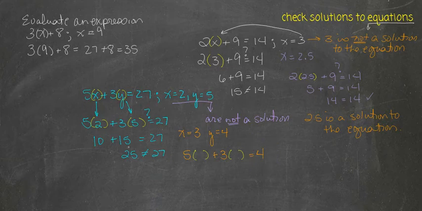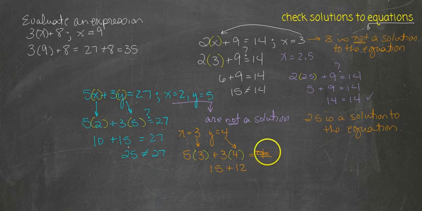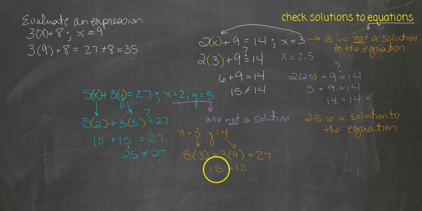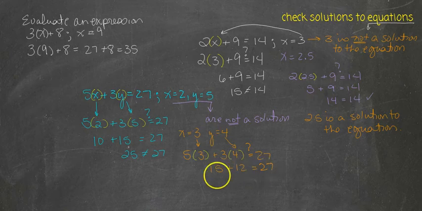I want to plug in a 3 for x, right? So my first 5 times x, I want to plug in a 3, and I want to plug in a 4 for y. So 5 times 3 is 15, plus 3 times 4 is 12. Oh, I wrote the wrong number here. Does that equal 27? That's the original. Excuse me, 15 plus 12, does that equal 27?